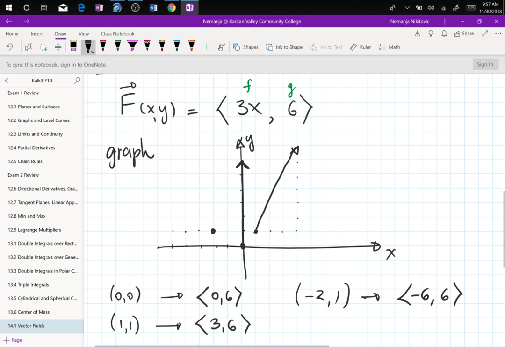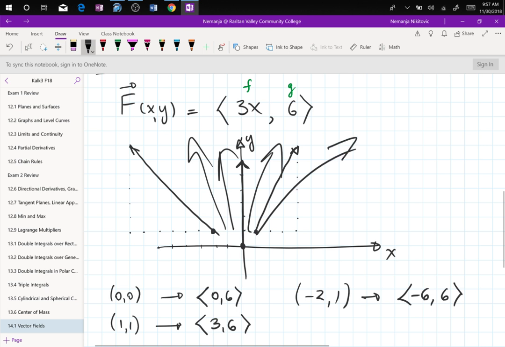So 1, 2, 3, 4, 5, 6, and then 1, 2, 3, 4, 5, 6. So there it is. I don't know, fireworks? It's going to go like this. That's what it's going to look like.